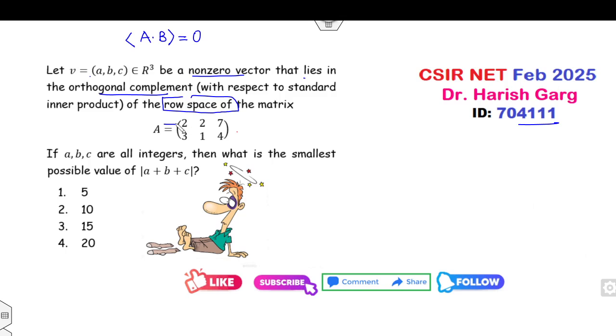The row space is 2, 2, 7, and the dot product with V is 0. The dot product with 3, 1, 4 is also 0. That is the definition of the orthogonal complement. So I can write it in terms of the matrix 2, 2, 7; 3, 1, 4, times V, which is equal to 0, 0.